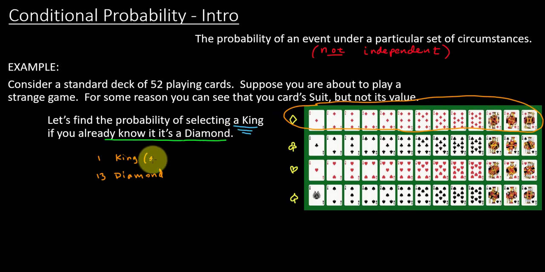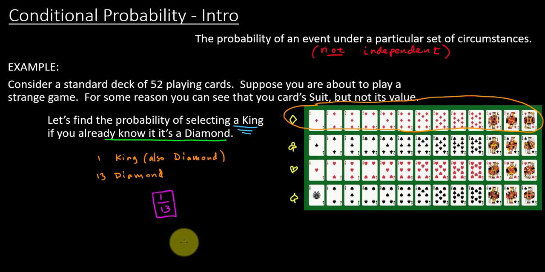We have limited our perspective to only that of diamonds. So can we guess the probability of getting that king if we already know it's a diamond? Isn't that probability going to be 1 out of 13? I believe so. So we obtained this answer via intuition.